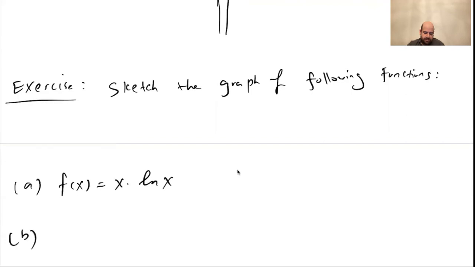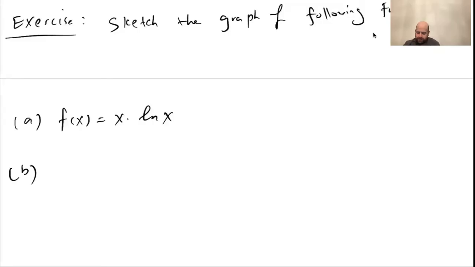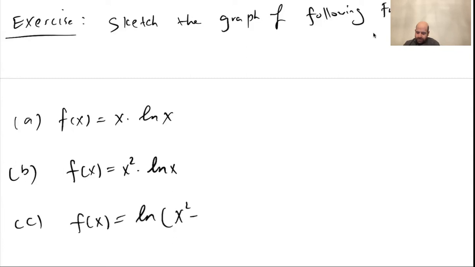You can also try f of x equals x squared times ln x. And part C, f of x equals ln x squared plus 1. So try to sketch these functions. And of course, you need to find local max and min, critical points, and asymptotes as well in order to sketch the graphs.